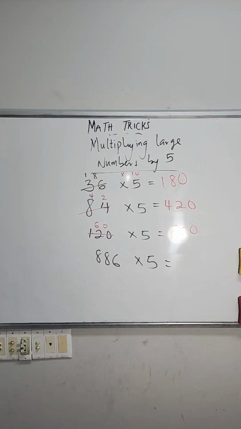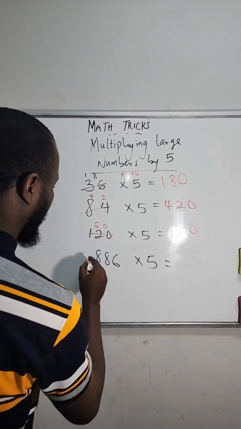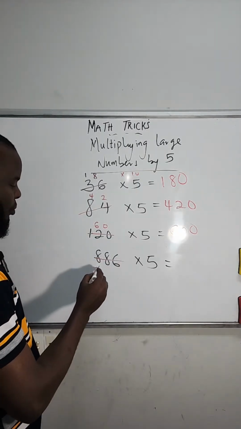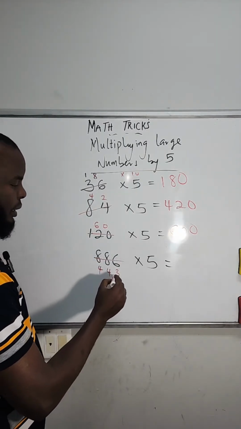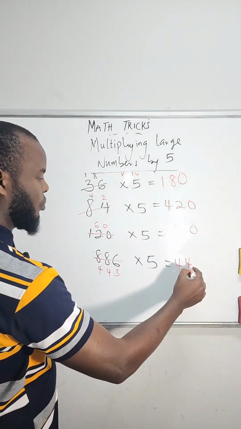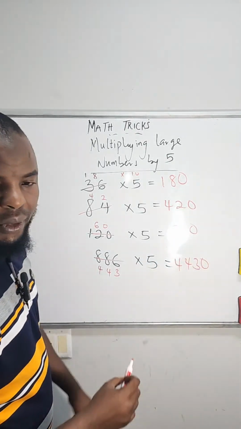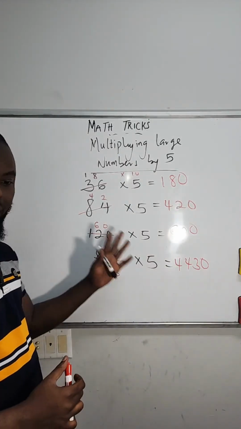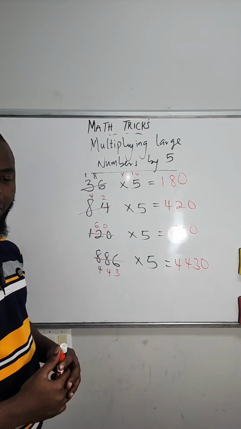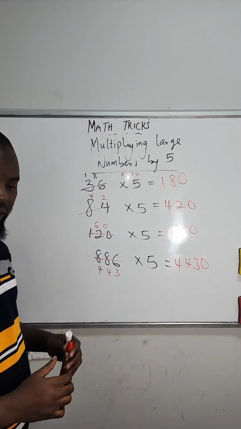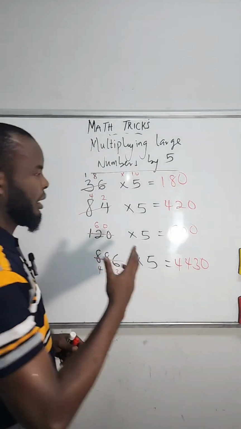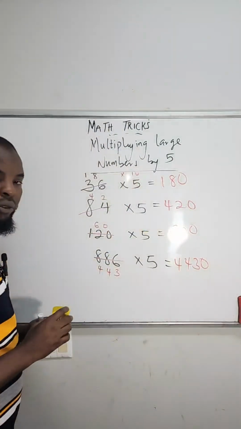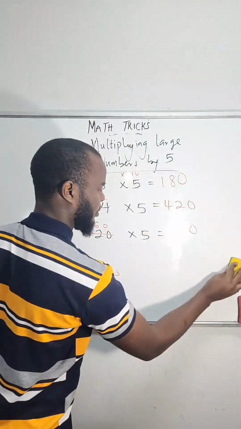Here we have 4, 4, 3, 0. Yes, 4, 4, 3, 0. So this is the trick. If you have large numbers, how do you do them? This is the trick. Let me clean this and let's do something else. If you have any questions, please ask.